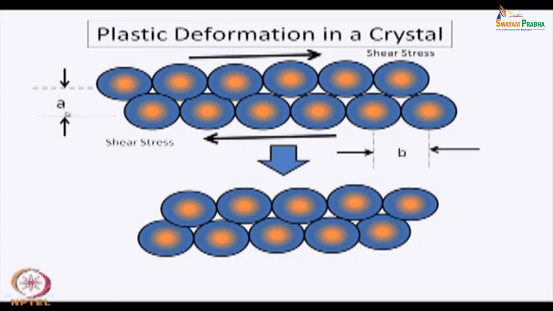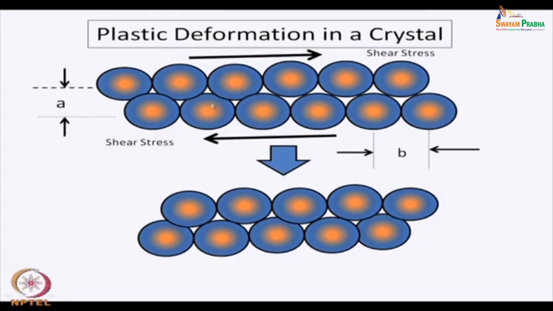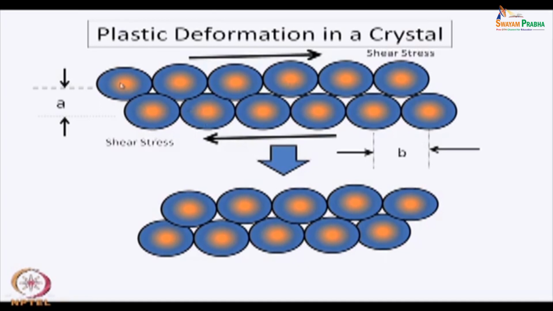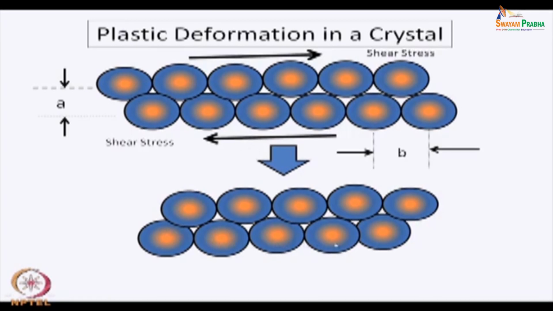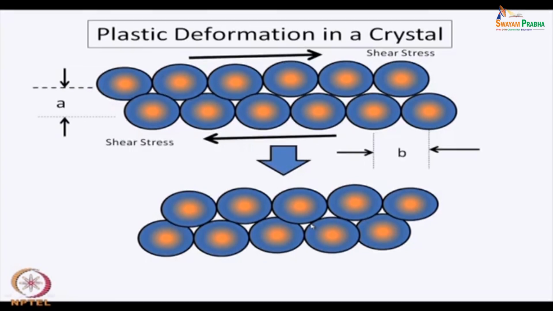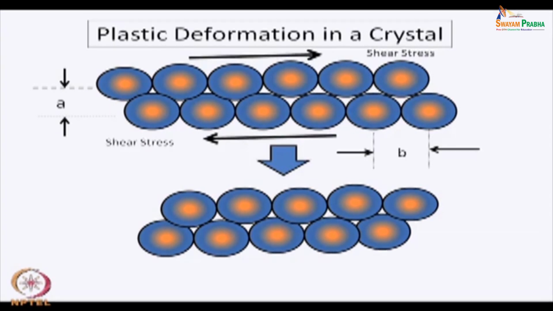On this side is A and this side is B. So, once you apply stress and it tries to deform, this atom will try to move to the next atom, and this will go to the next atom, and so on. So, this is the deformed position. This is the arrangement when the top layer has moved by one interatomic spacing.